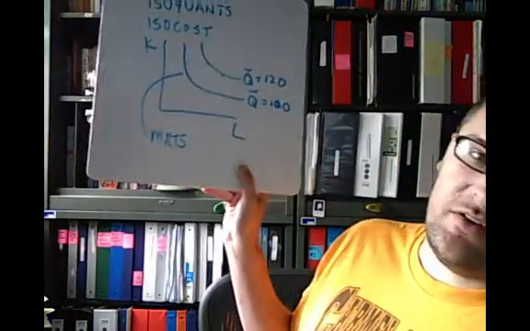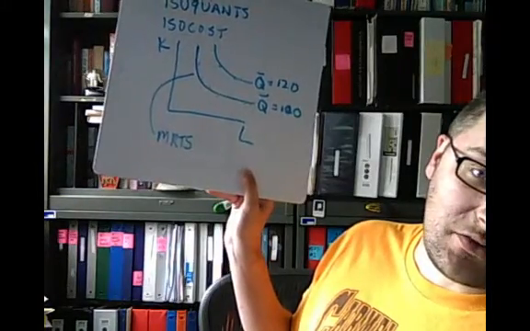Now, the slope of this is called the MRTS, the marginal rate of technical substitution. What it's measuring here is the marginal productivity of the input on the x-axis over the marginal productivity of the input on the y-axis.